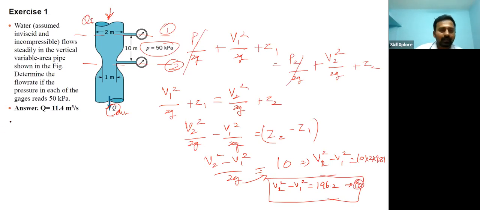Okay, we also know that flow rate Q is equal to A1 V1, which is equal to A2 V2.